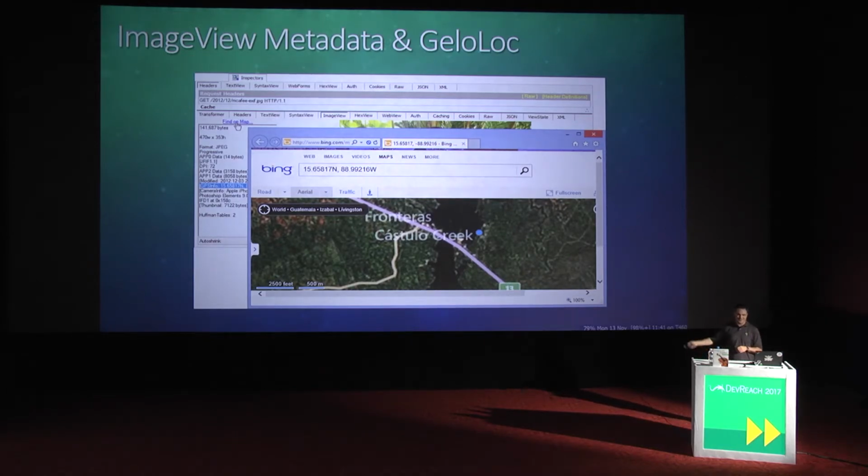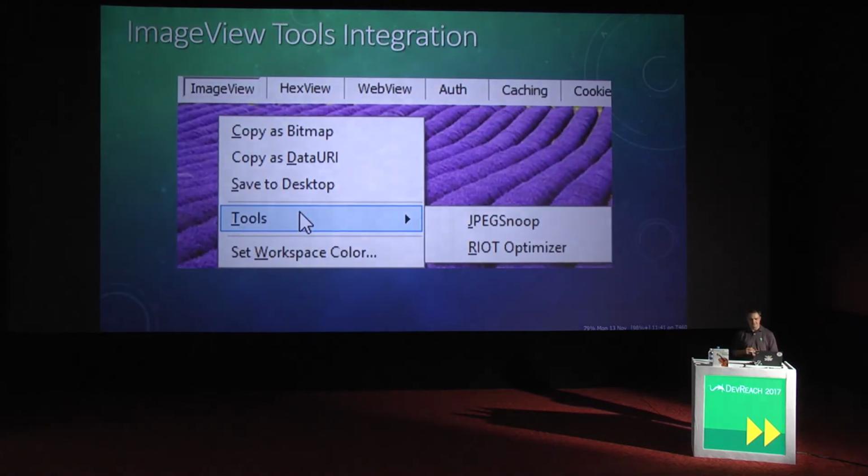And so in Fiddler, if you have an image that has geolocation embedded in it, you get this little find on map thing at the top left of the image view, and then you can click it and go to Google Maps or Bing Maps and see where that image was taken. That may or may not be relevant to you. I also can't spell geoloc, oops.